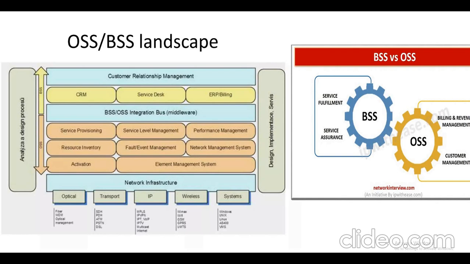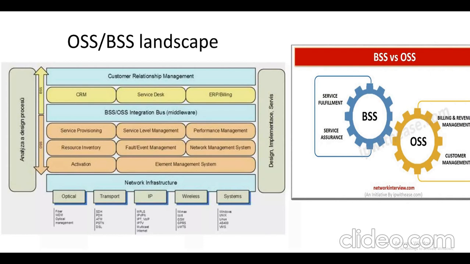Now the network infrastructure: optical, transport, IP, and wireless systems. For optical, we have fiber and WDM, where you provide the fiber connections. For transport, we have PSTN and DSL.